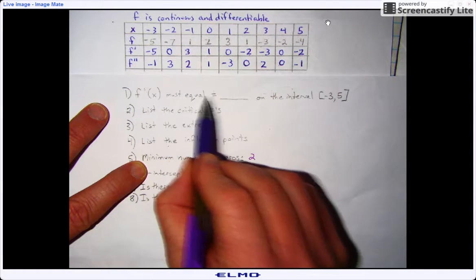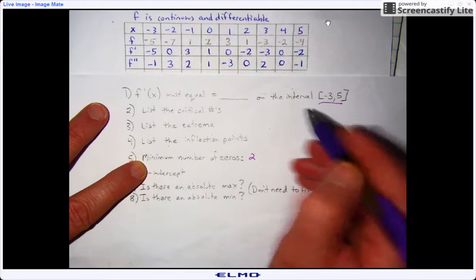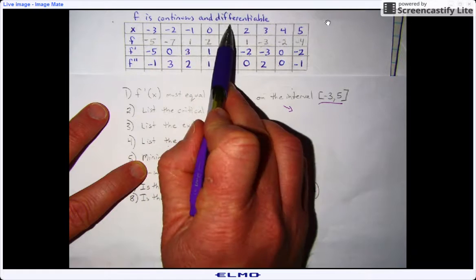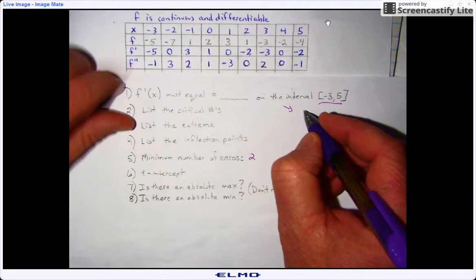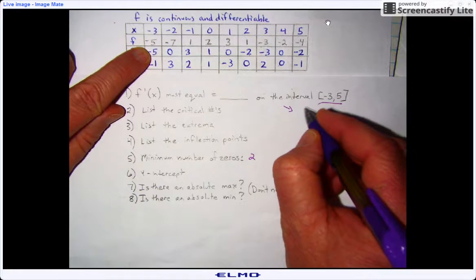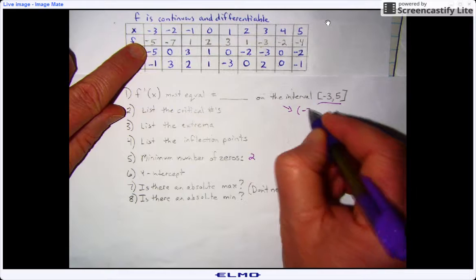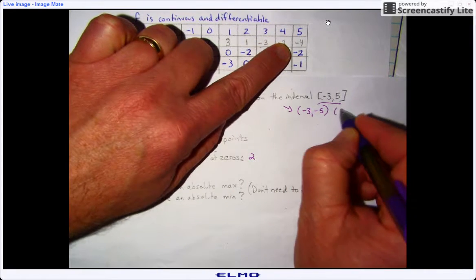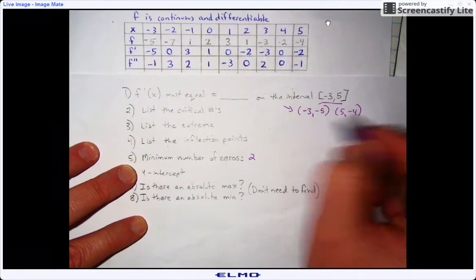The derivative must equal something on the interval. Okay, this is a mean value theorem question. So the average slope, if this is continuous and differentiable, which it is, has to equal the instantaneous slope somewhere. So we have 2 points: -3, -5, and 5, -4, that represent the whole interval.